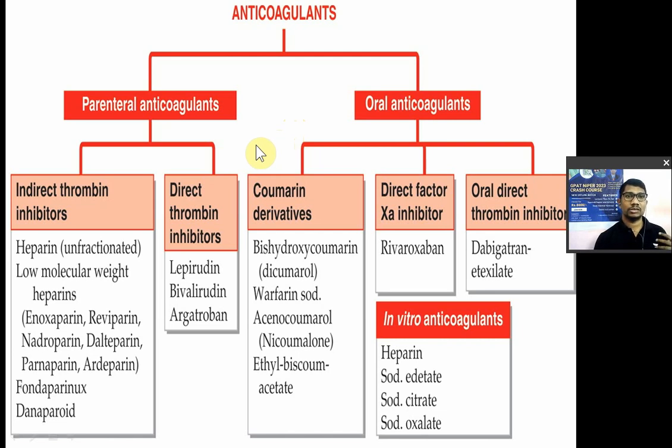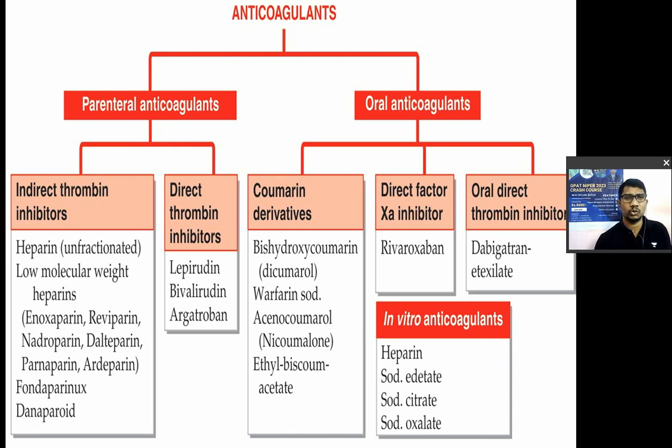Those drugs which increase clotting, enhance the blood coagulation process, or increase hemostasis are known as coagulants. Examples: vitamin K, adrenaline, gelatin foam. All vasoconstrictors will increase blood coagulation. Then all blood clotting factors are also coagulants. So these are the coagulants.